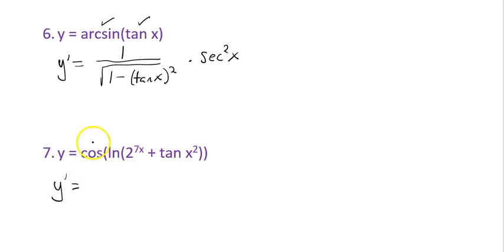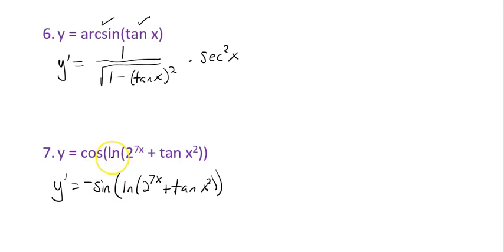Each time that you do one of the rules from the outside, what's in parentheses after it should not change until you get to that very last step when you're doing the multiplying by the derivative of the inside. So the derivative of cosine is negative sine, and I don't change anything inside at that point. All that stayed the same. Just went from cosine to negative sine.